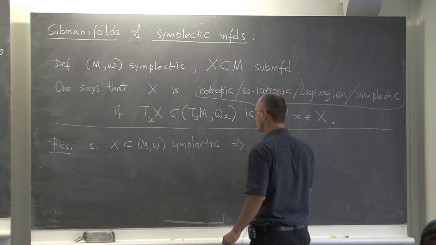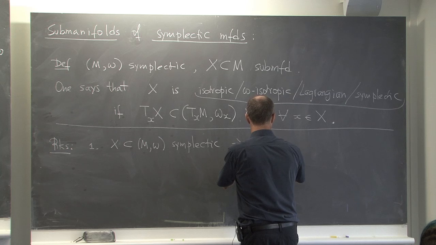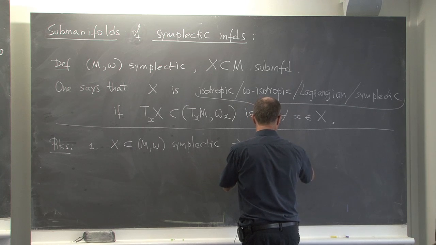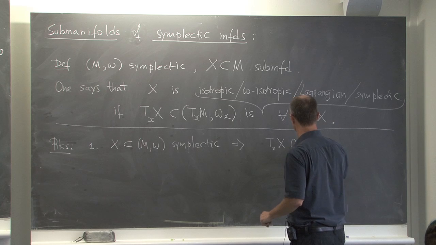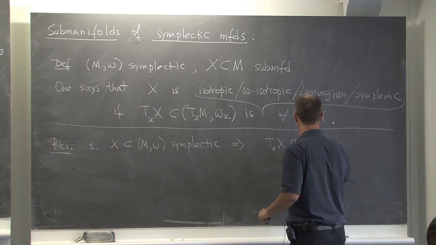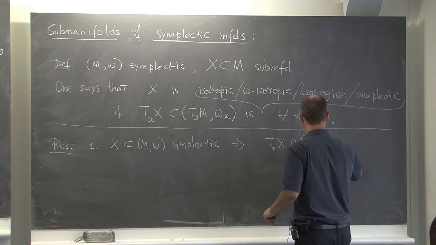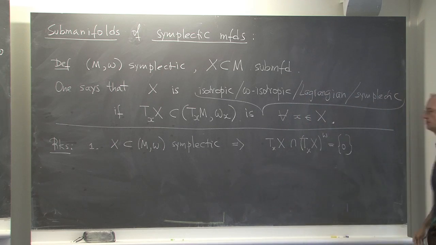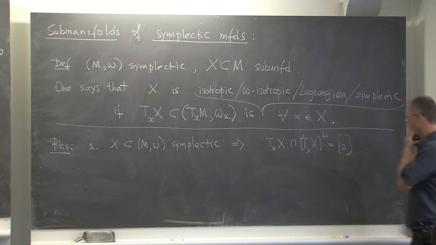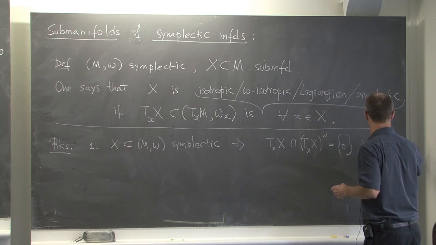This means that T_x X intersection with (T_x X)^omega is equal to 0 for all x in X.